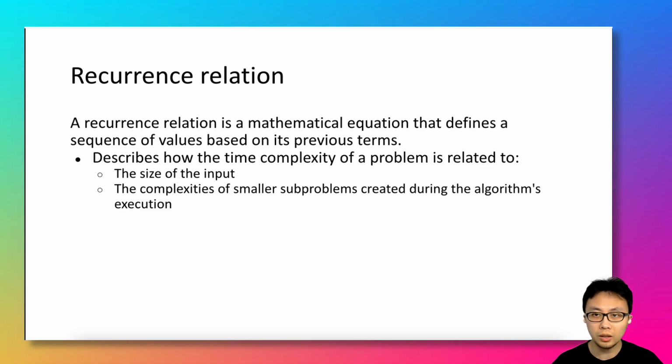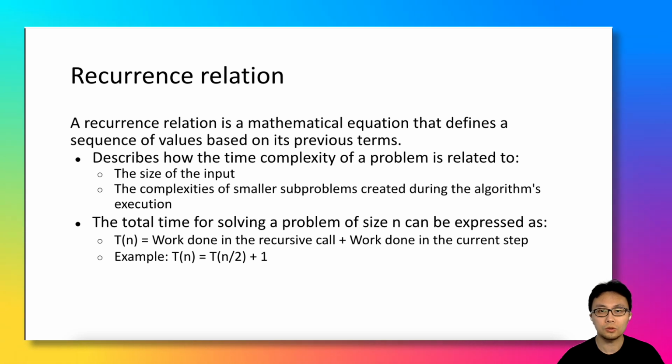It describes how the time complexity of a problem is related to two things: the size of the input and the complexity of smaller subproblems created during the algorithm's execution. It's commonly used to model and express the time complexity of divide and conquer algorithms, such as binary search. When you have a recurrence relation, it makes solving the time complexity of divide and conquer algorithms much easier. By solving a recurrence relation, we can determine the time complexity of its corresponding algorithm.